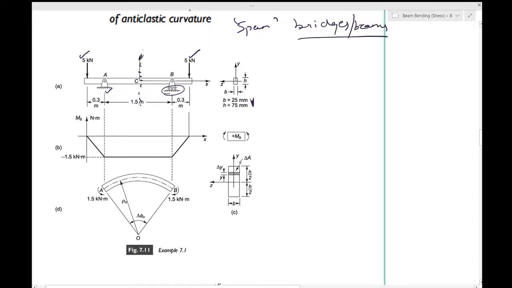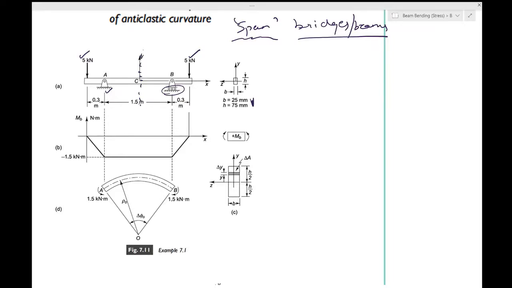Okay, so what is a mid span? It would be the middle of it. So this word you should be comfortable with, and you can see how it is used in bridges by looking up some pictures or videos perhaps.